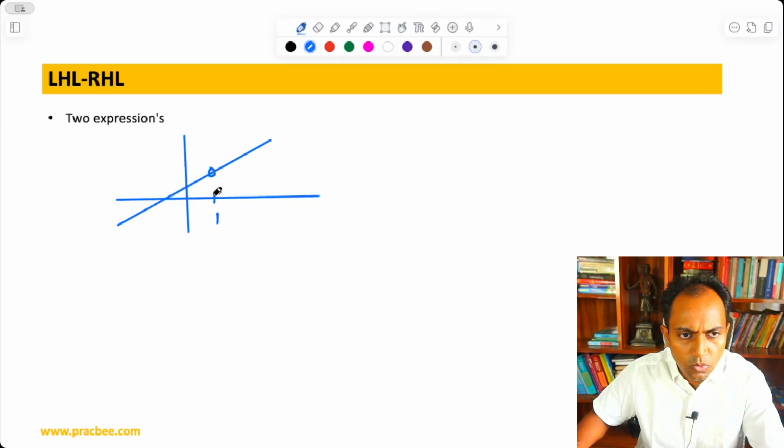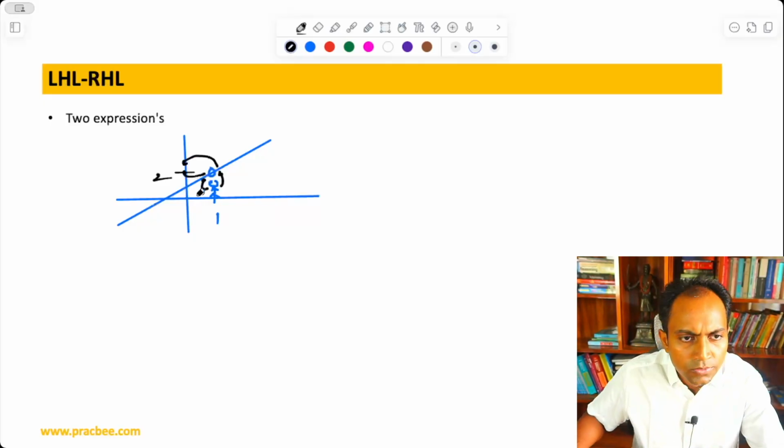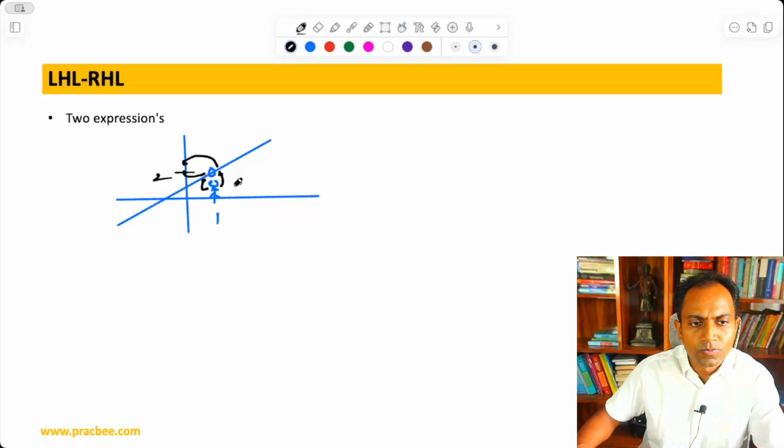So this was my old graph. So what I was looking for here is, when you stand here, what I wanted you to look at was, basically there could be an approximate value on the left hand side that was close to 2, slightly less than 2, and then there was an approximate value on the right hand side close to 2, slightly greater than 2.